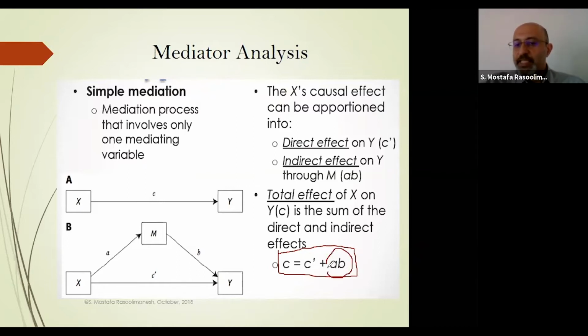This term is the indirect effect, right? This indirect effect is transferred through M, and this C prime is the direct effect. So we assess the significance of this AB, or indirect effect, for assessment of the mediator.